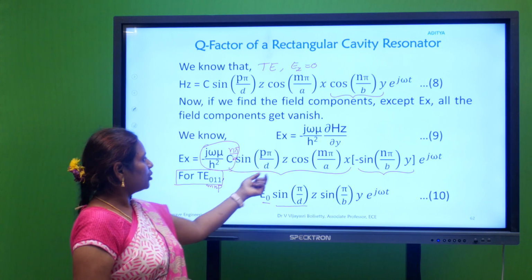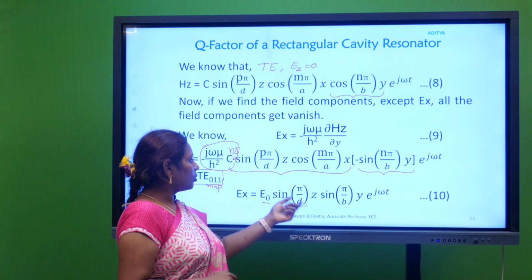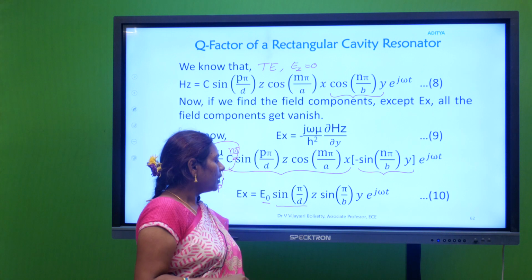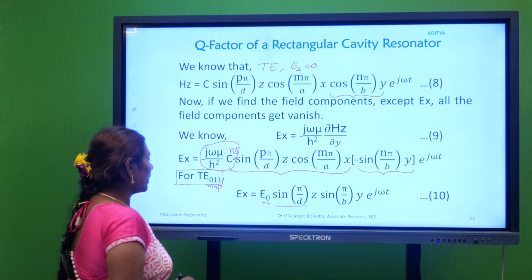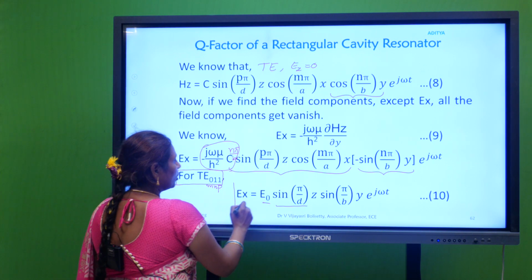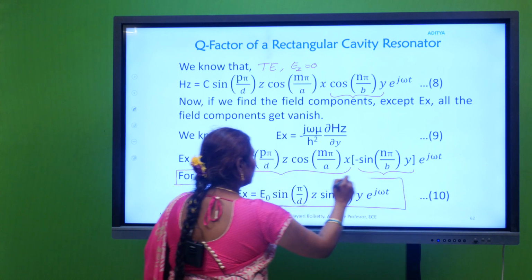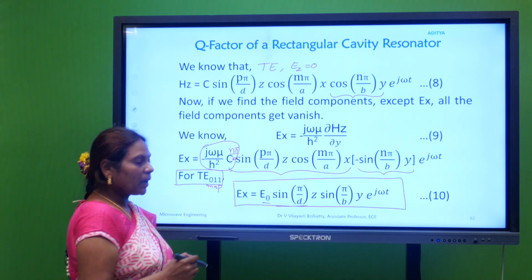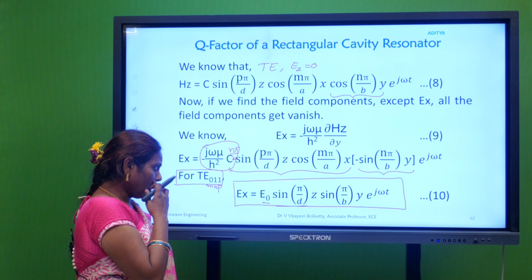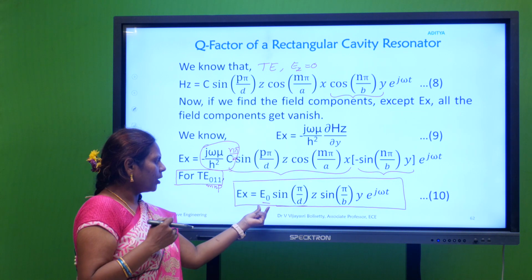As m is 0, cos 0 is 1, so we simply ignore this term, and we get this equation 10: Ex is equal to E naught sin pi by d z sin pi by b y e power j omega t, where E naught is the peak value.